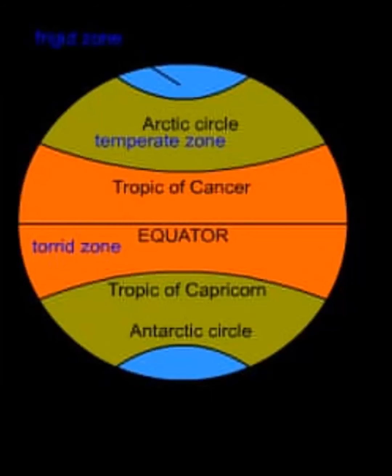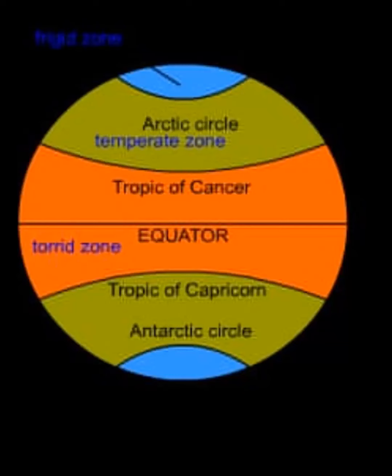The 7 important lines of latitudes are the equator at 0 degrees, Tropic of Capricorn at 23.5 degrees south, Tropic of Cancer at 23.5 degrees north, Antarctic Circle at 66.5 degrees south, Arctic Circle at 66.5 degrees north, the South Pole at 90 degrees south and the North Pole at 90 degrees north. Clear everyone? Important lines of latitude? Okay.